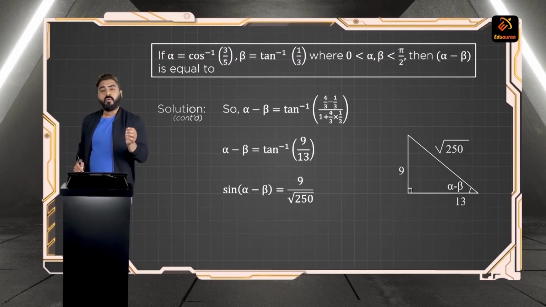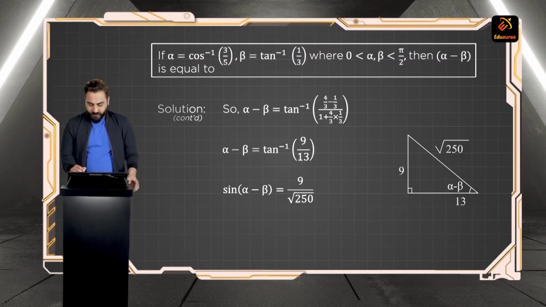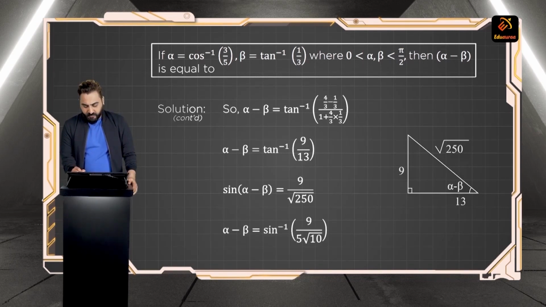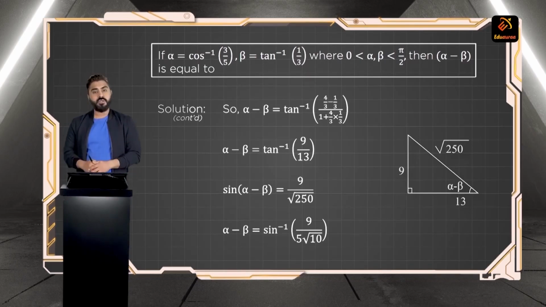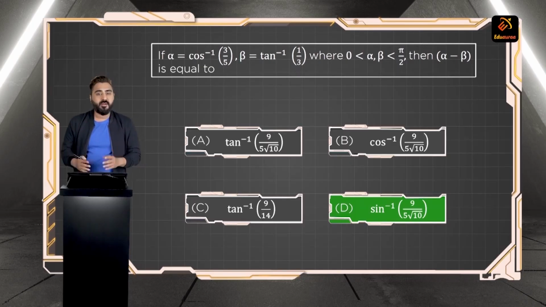So students, root of 250 can be written as 5 root 10. So we get sine inverse of 9 upon 5 root 10. Which option? None other than option D. And this is how we end our sum.